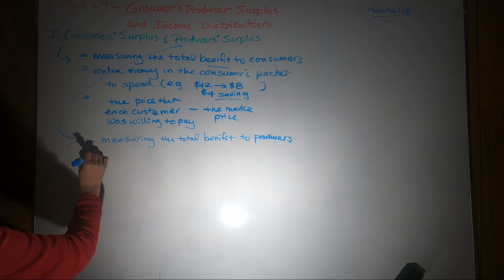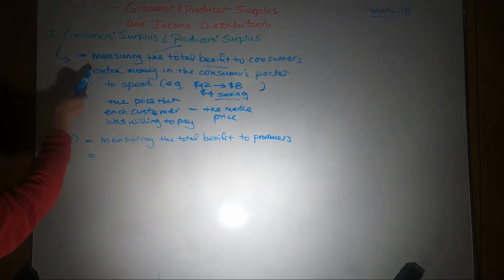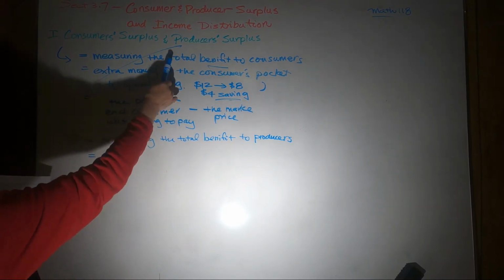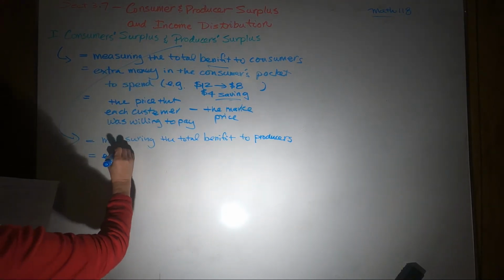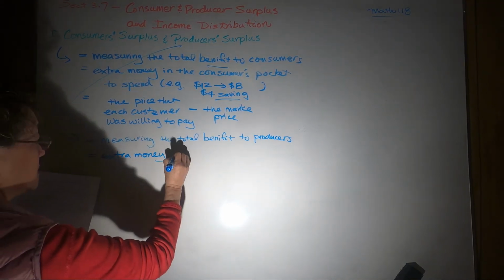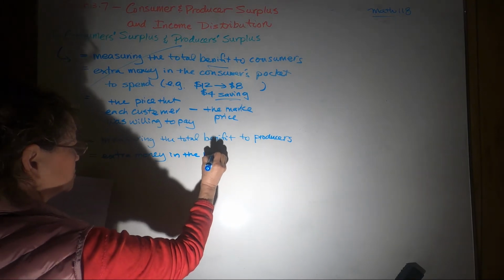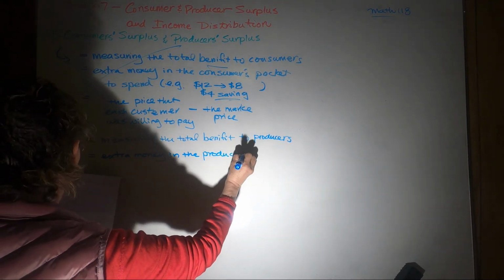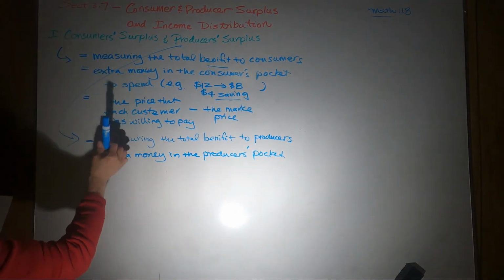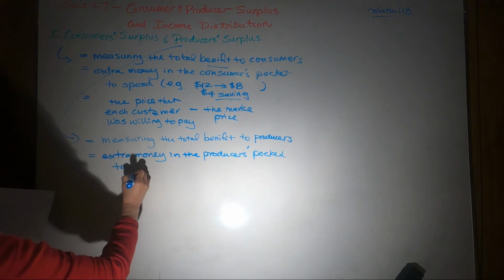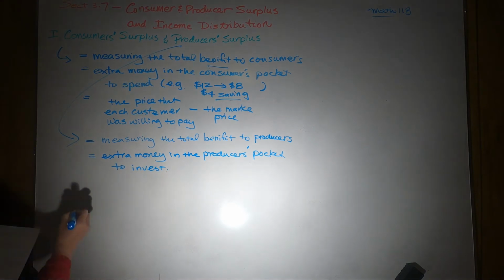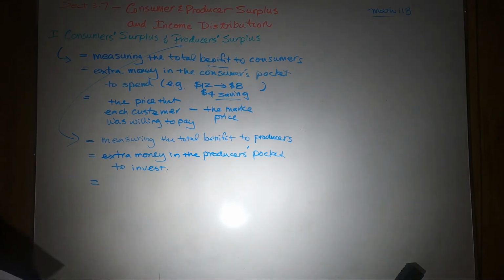Same thing, consumer's surplus means extra money in the consumer's pocket. Then the producer's surplus will be extra money in the producer's pocket. But instead of spending it, they will invest it. Right?